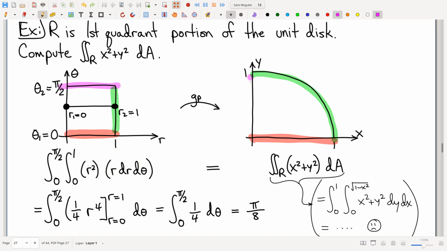This goes to that. This entire edge here is a little bit of a tricky one. This entire edge, on the theta axis, is where r is 0. The whole edge is where r equals 0.